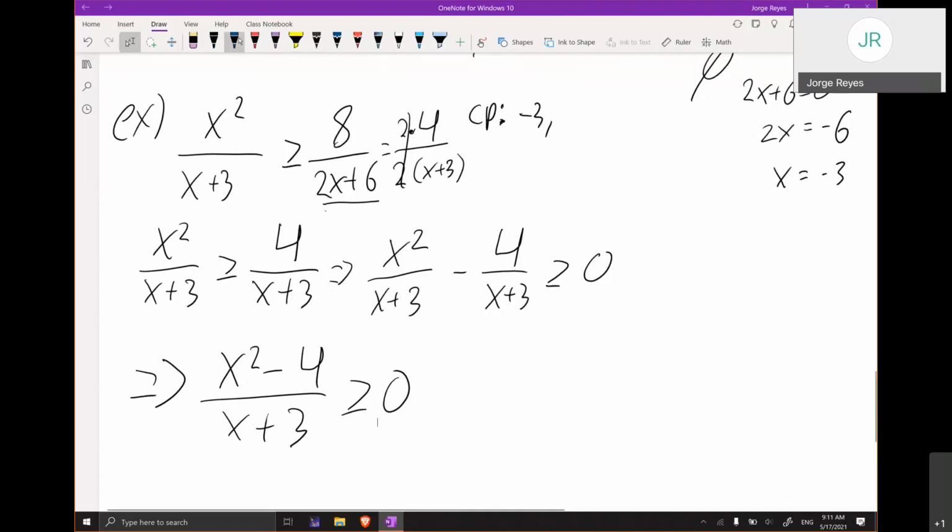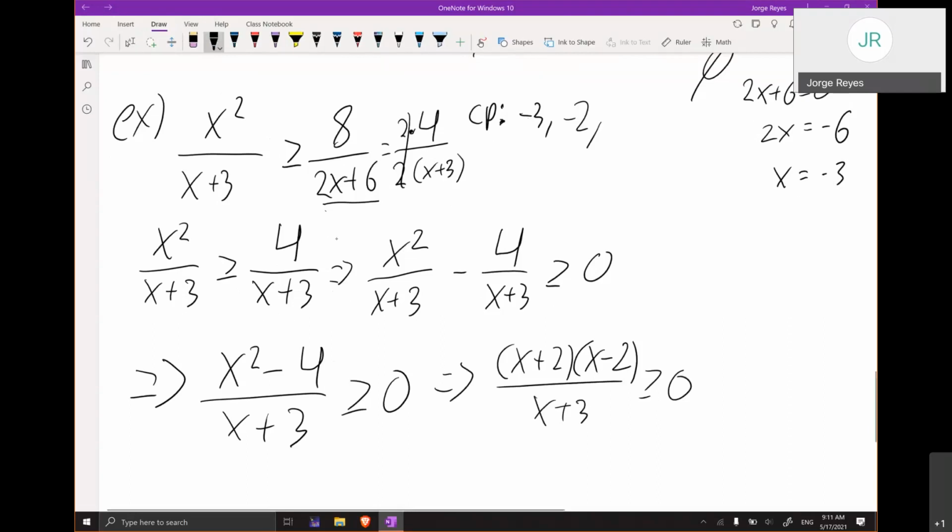Which hopefully you notice. Hopefully you've paid attention to the factoring section, and you can see that that's a difference of squares. So x plus 2, x minus 2, x plus 3. And so you can see that the other two critical points are negative 2 and 2. Okay.